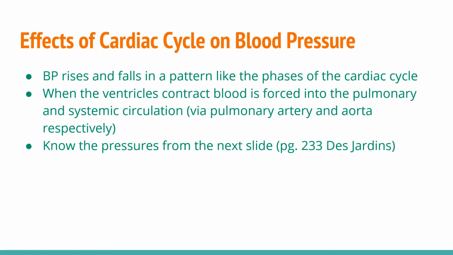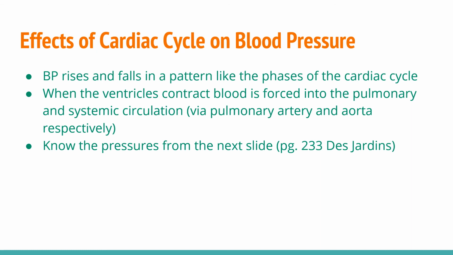All right, so looking at the different effects that the cardiac cycle has on the blood pressure. Your blood pressure rises and falls in a pattern, like a wave, in the phases of the cardiac cycle.